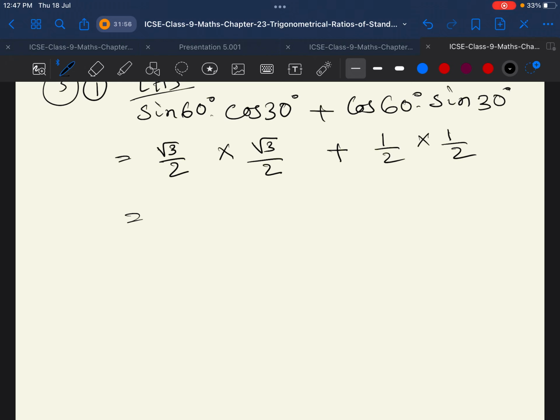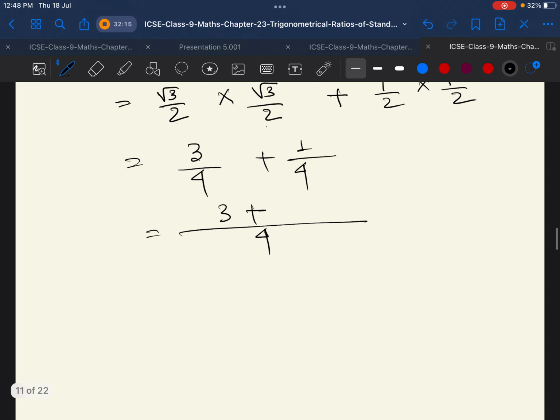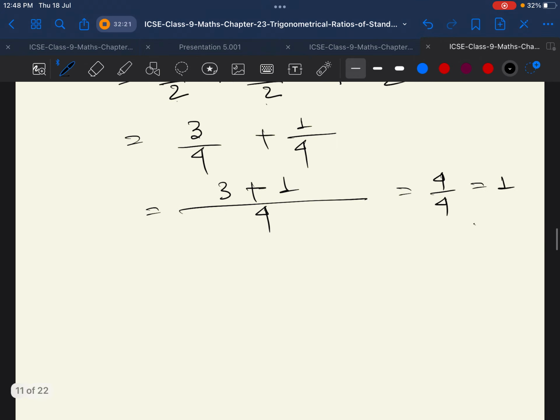So root 3 into root 3 will be 3, 2 into 2 is 4, plus 1 into 1 is 1, 2 into 2 is 4. Now here LCM is 4. So 3 by 4 plus 1 by 4. 3 plus 1 is 4 by 4 is 1. Okay. This is right hand side. Proof.